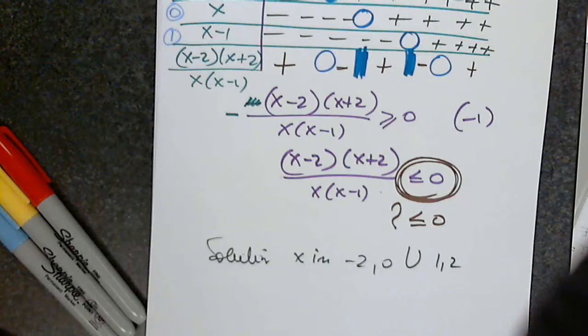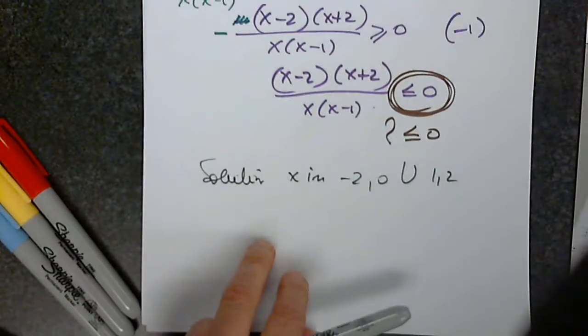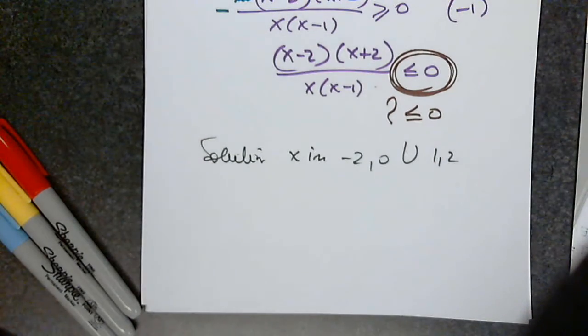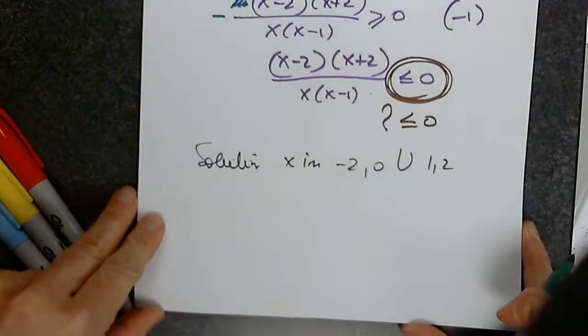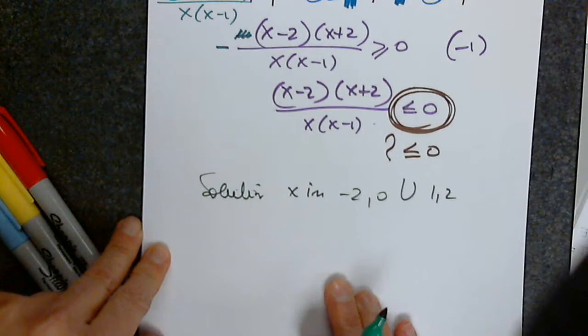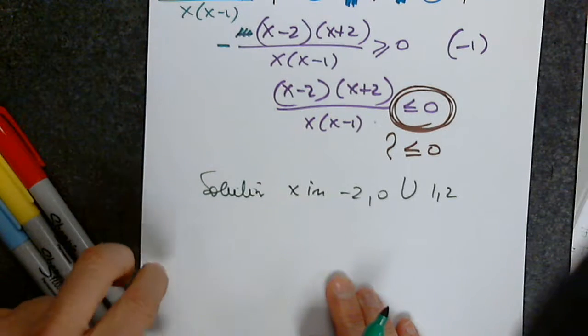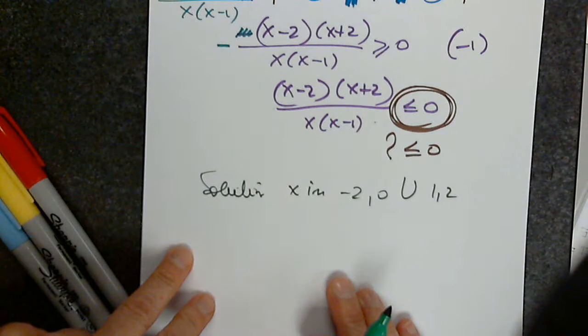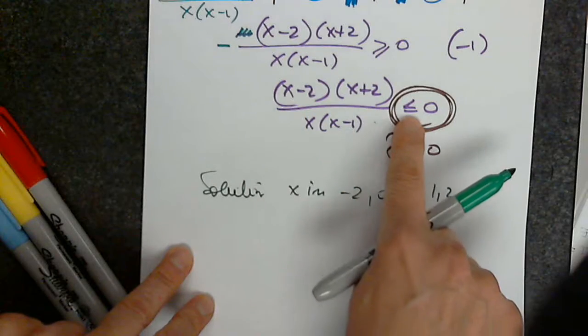I intentionally did not write the brackets or parentheses. So I would like you to tell me whether I put a bracket or a parenthesis at negative 2. A bracket, because it makes it 0, and 0 is included.